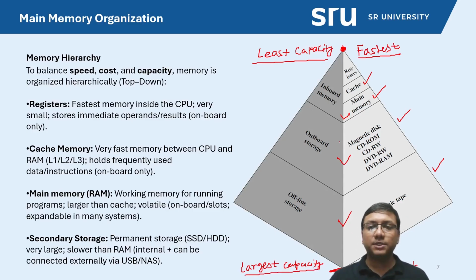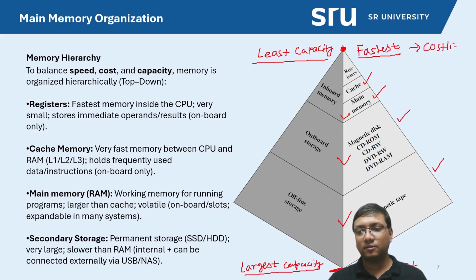And another piece of information is that the memory that is fastest is actually the costliest, and the memory that is slowest is actually the cheapest.